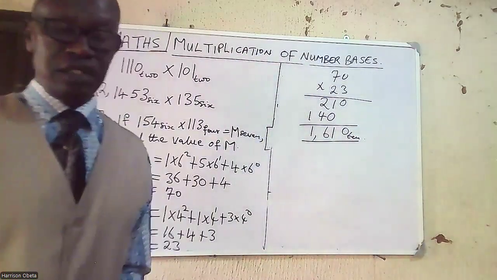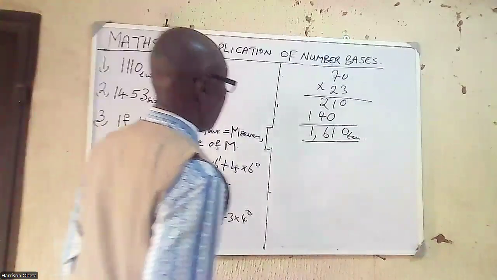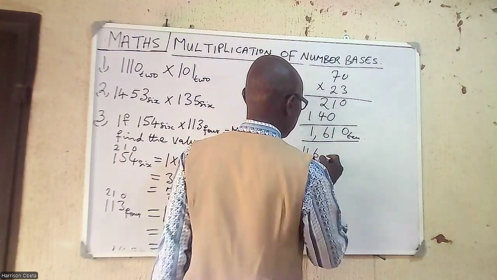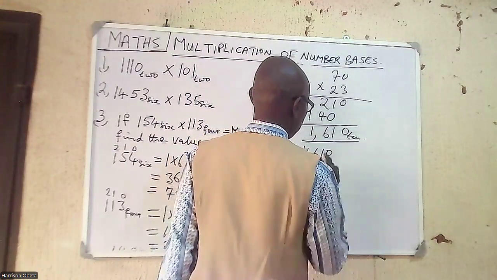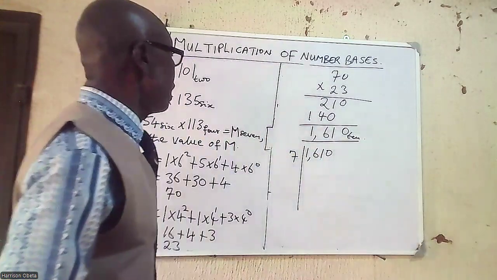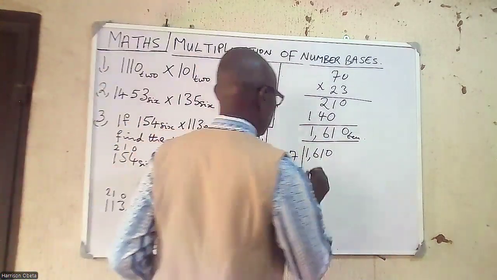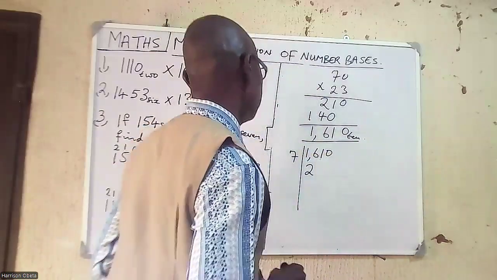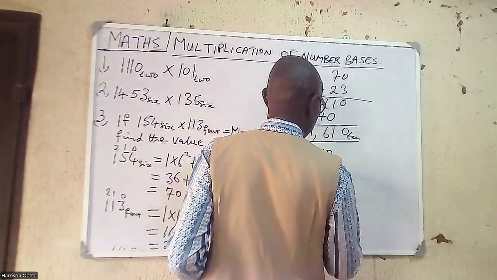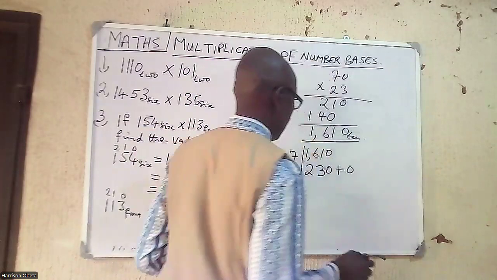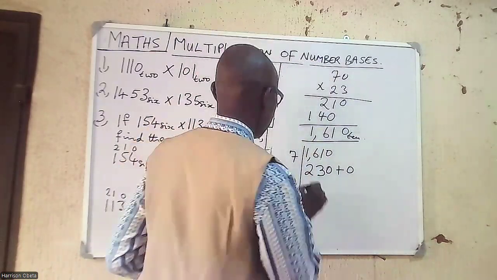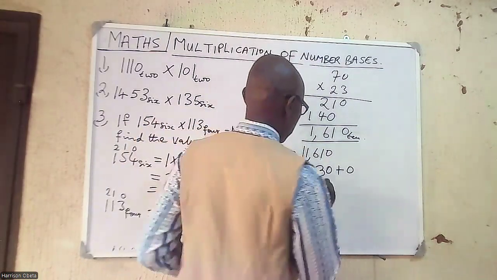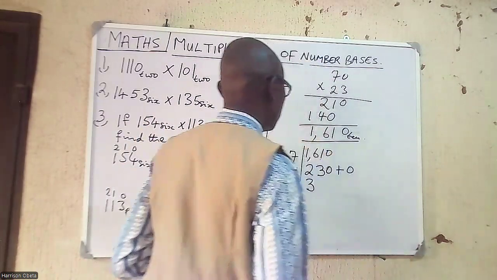So we are now going to convert it to base 7 so that we'll get our final answer. That is 7, 1610. Okay. Now, 7 into 16 gives us 2. 7 into 21 is 3. So we are going to have 2, 3, 0, remainder 0. Then we continue 7 again. 7 in 21 will give us 3, remaining 0.